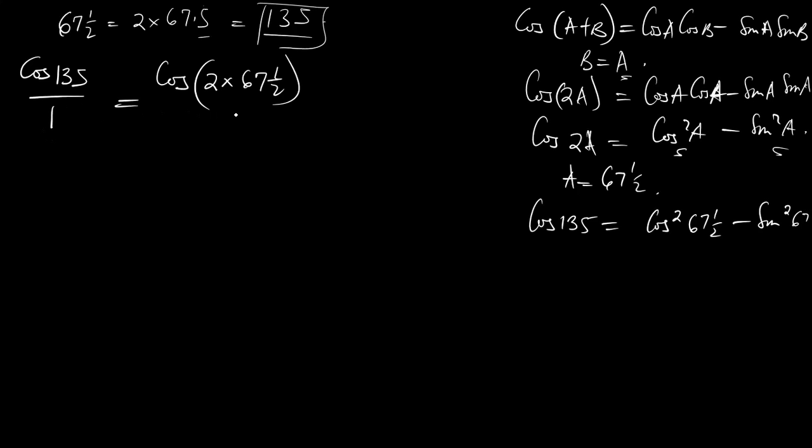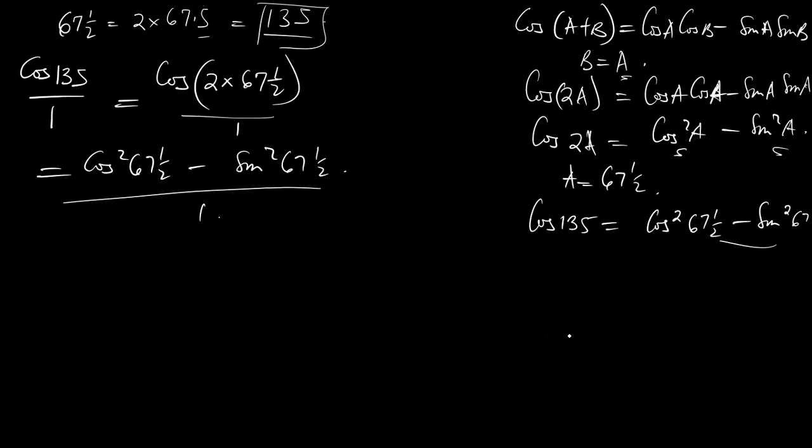So let's now replace this value with this value here. So we have cos 135 over 1 equal to cos square 67 and a half minus sin square 67 and a half, all divided by 1.